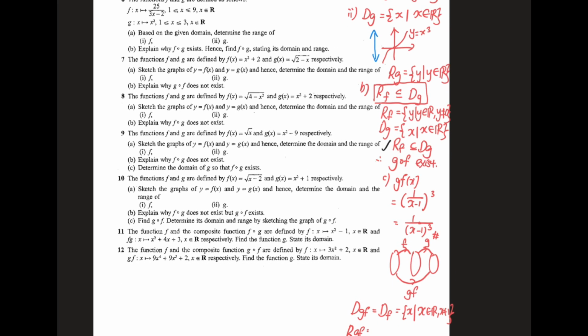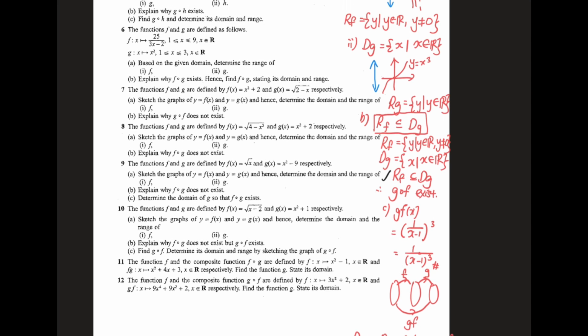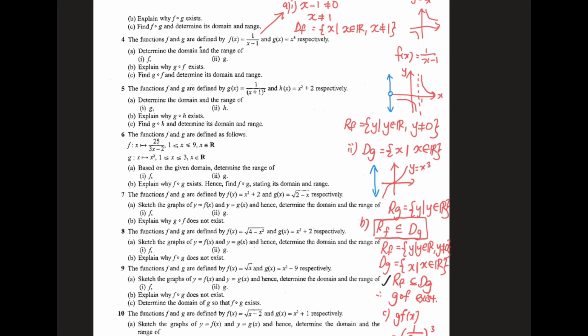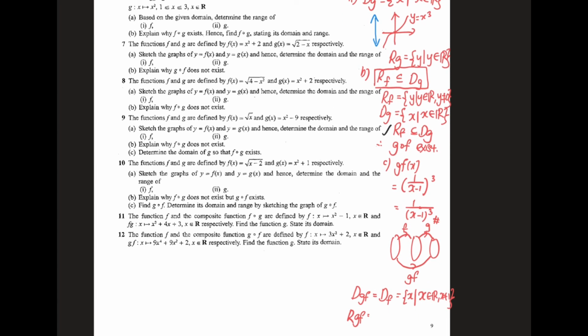Remember our composite function starts from function f, so we look at function f first. First, the object cannot take 1. Then when it maps to the range, it cannot take 0. So this one cannot take 1, and when it maps to the middle part here, it cannot take 0.